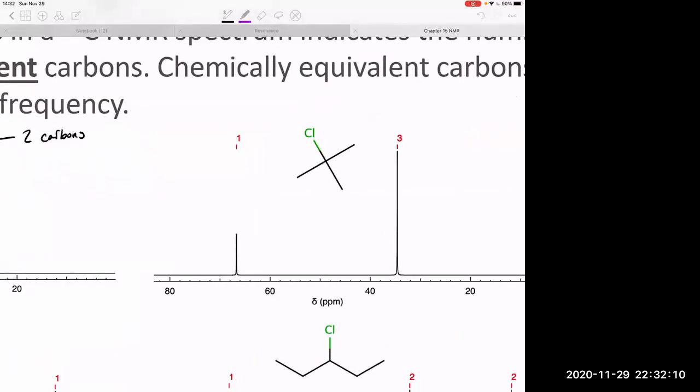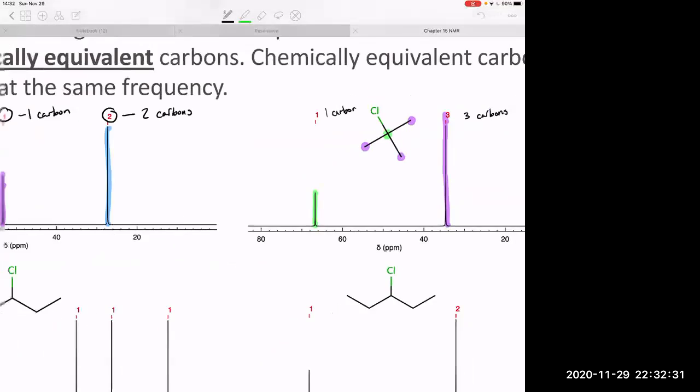Likewise, in this particular molecule, we said all 3 of these were equivalent, which is why the area under this curve is 3 times what the area under this curve is, right? And again, that's because this corresponds to 3 carbons, and this only corresponds to 1 carbon. Okay.